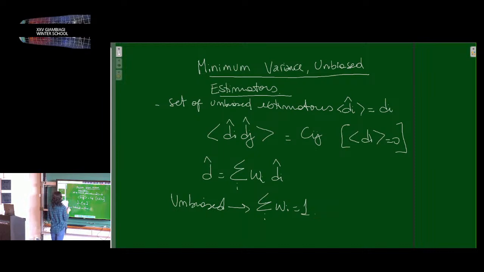Great. So we can say that we want to minimize the variance of this estimator, but with the condition that it's unbiased, okay? So let's write down the variance of this guy.